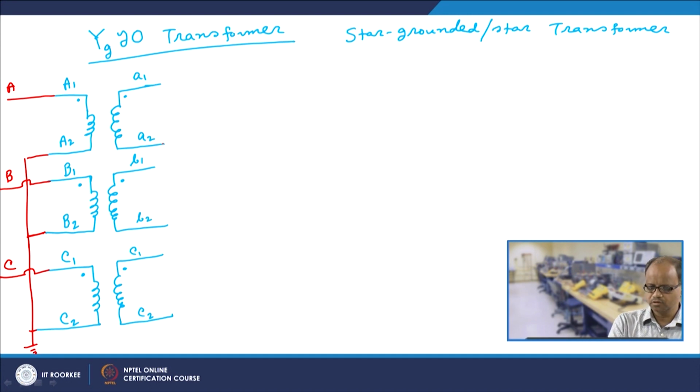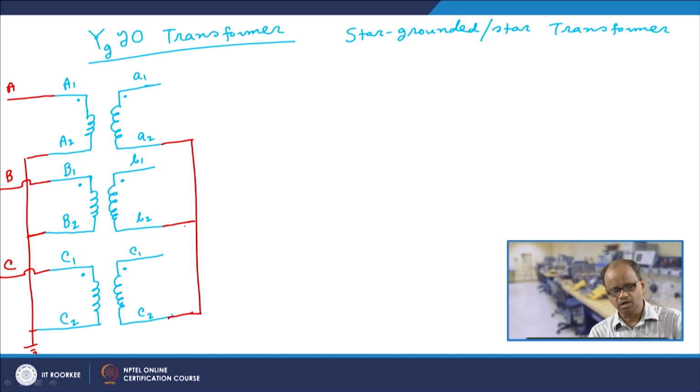Then obviously, we also have to star connect the secondary windings, but the only difference is that they will not be grounded.